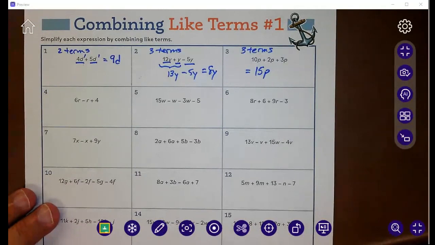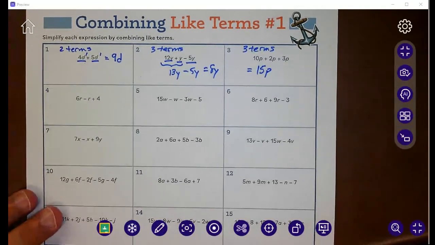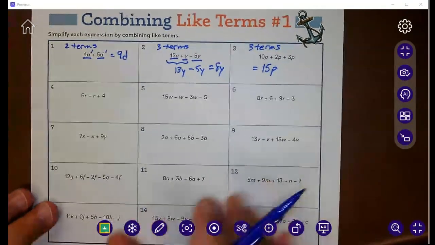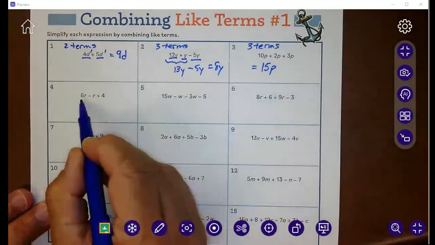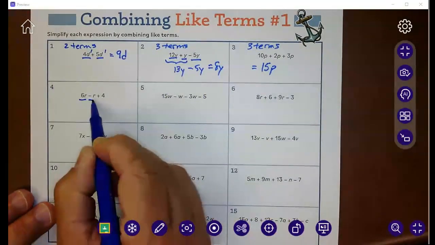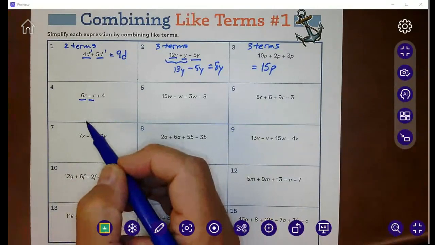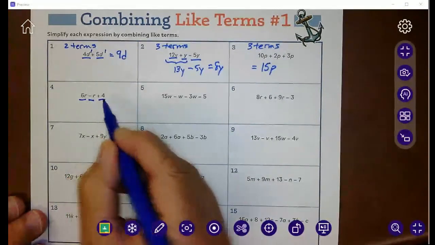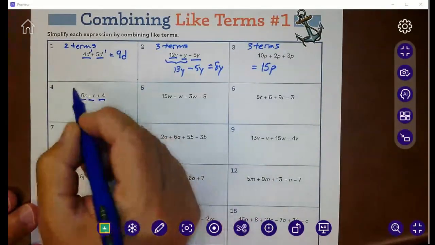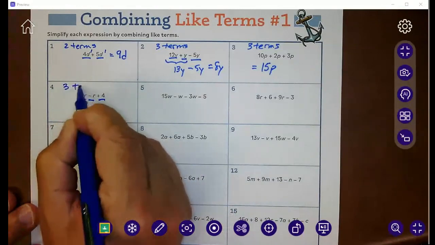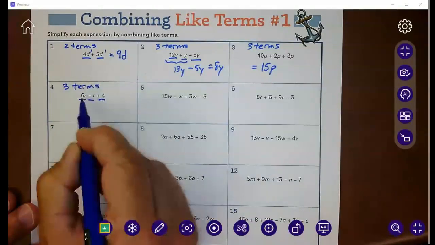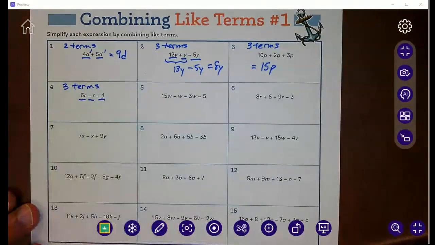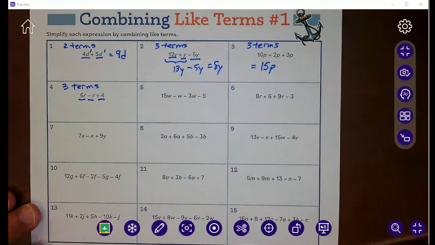Now, when we move to number 4, we have something a little bit different. On number 4, we still have 3 terms, 6r, negative 1r, and a positive 4. 1, 2, 3 terms, 3 pieces that are being either added or subtracted together.